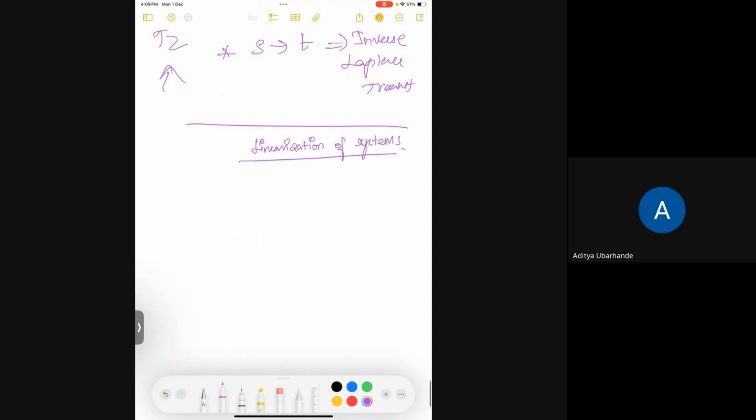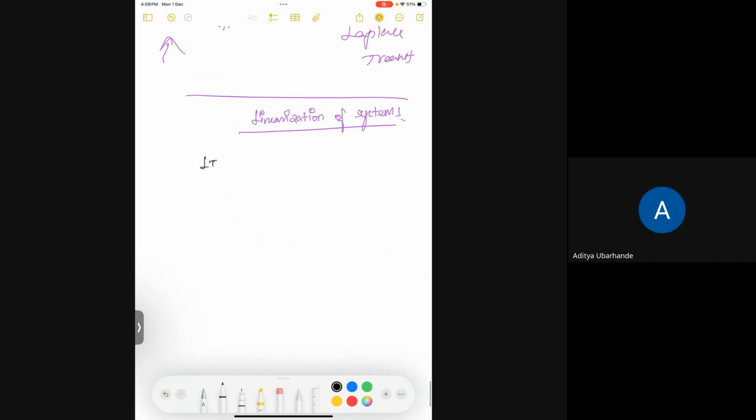Before going into this, we have seen LTI systems. Most of the system examples we have seen are linear time invariant systems. We never really touched linear time variant systems because the analysis is a little complex. It goes beyond the scope of this course.